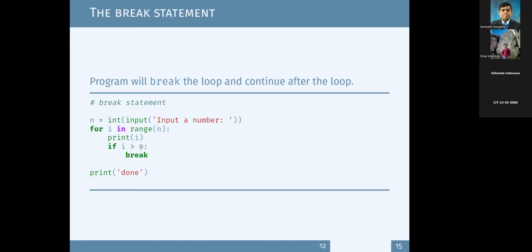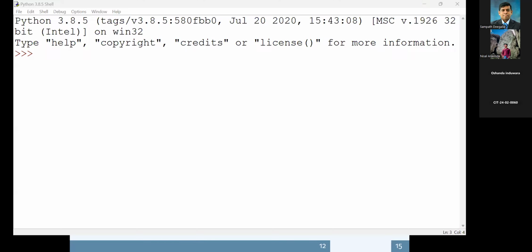So what I'm going to do, I'm going to get the Python shell. So let me open up a Python shell, and then, okay, let me share it. Okay, so I hope you can see now. I'm going to open up a new file.